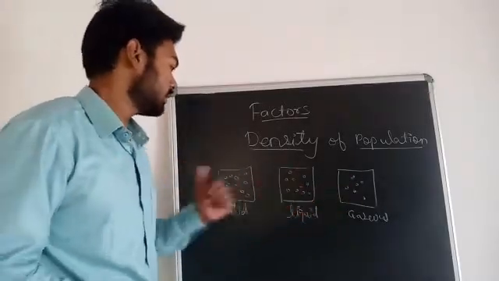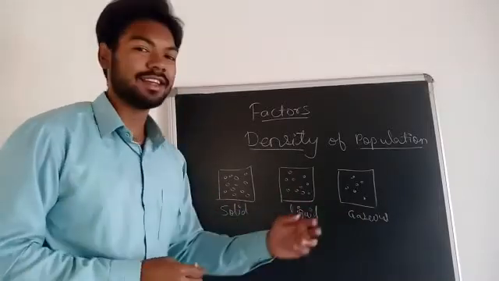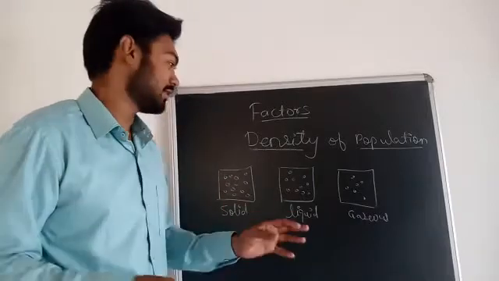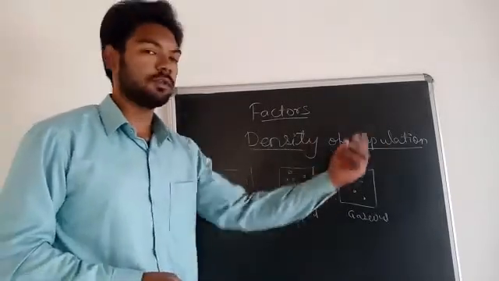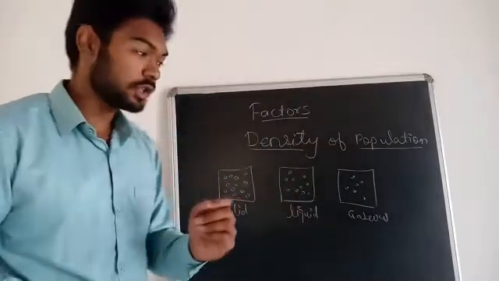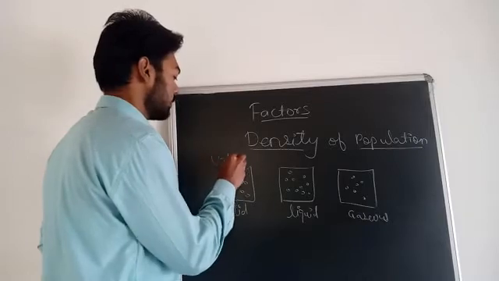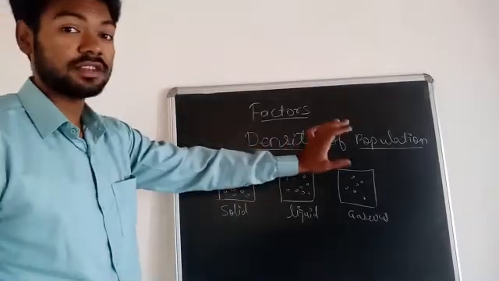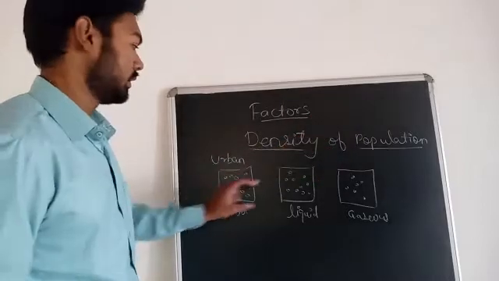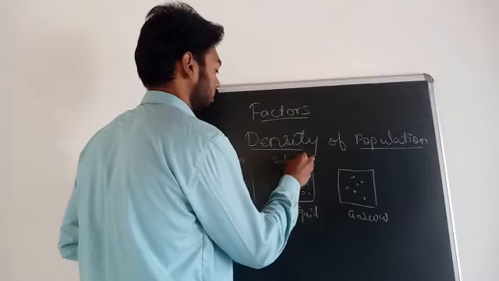Now here we say this is solid, liquid and gas in terms of physics or science. But in terms of geography, and very specifically population, we will call this an urban region, where the density of population is very high. This is called a suburban region.